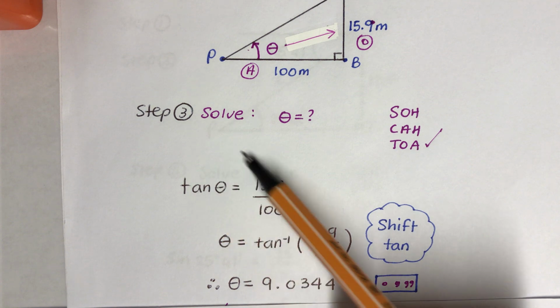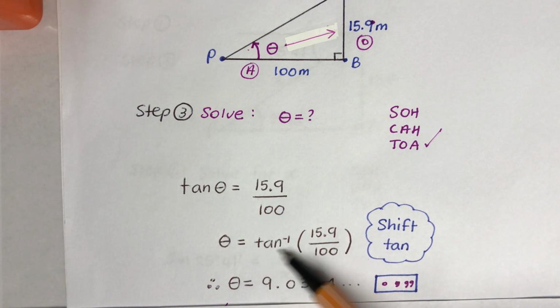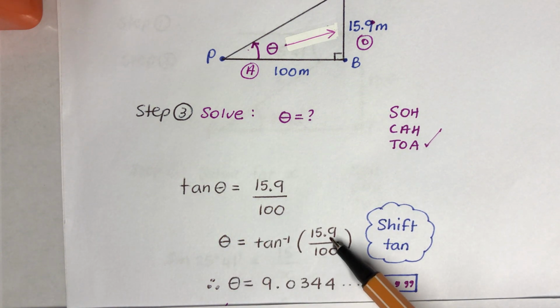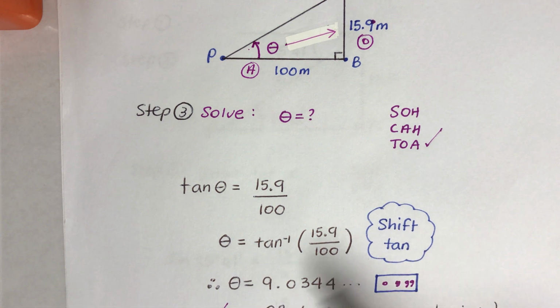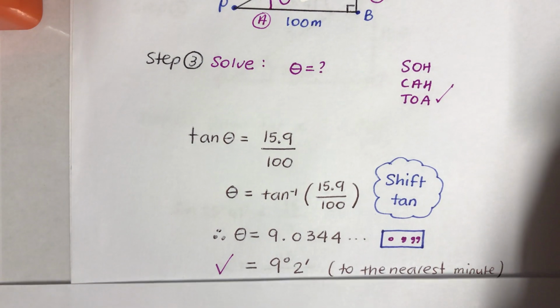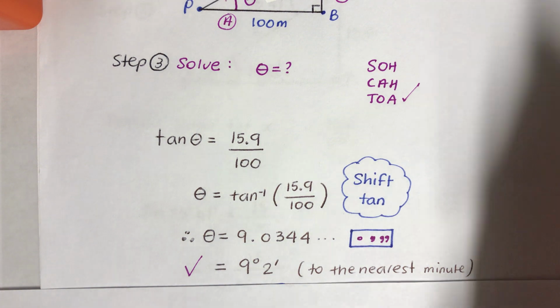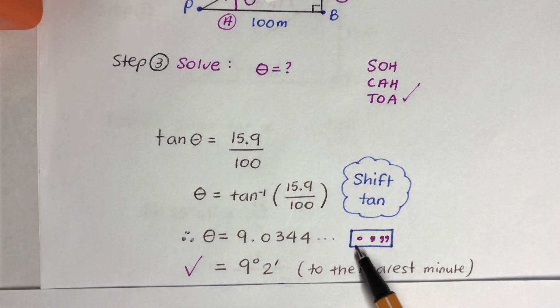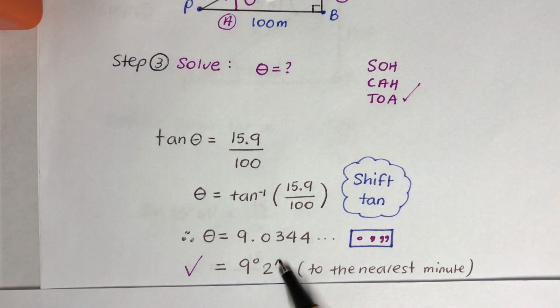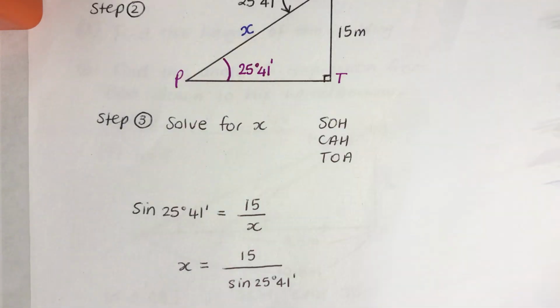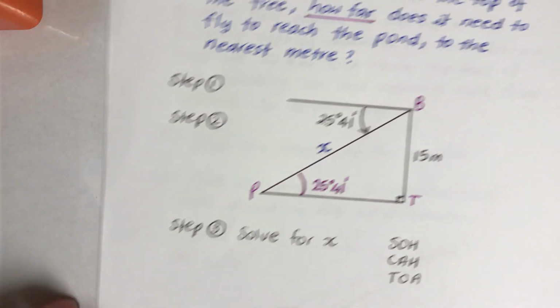If I move the tan to the other side, it's the inverse. So if I do shift tan, I will get a decimal, but don't panic. To get the degrees and minutes, you just press the DMS button and you will get 9 degrees and 2 minutes to the nearest minute. Okay, so that's done.